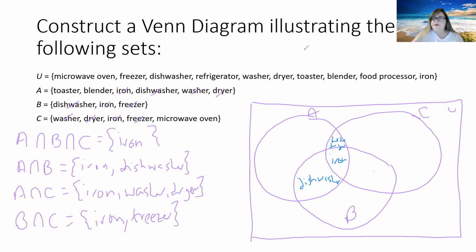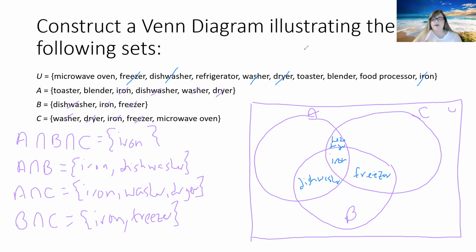I need iron and freezer. We've already got iron, so I'll put freezer here. Now I wrote down iron, freezer, iron washer dryer, iron dishwasher.